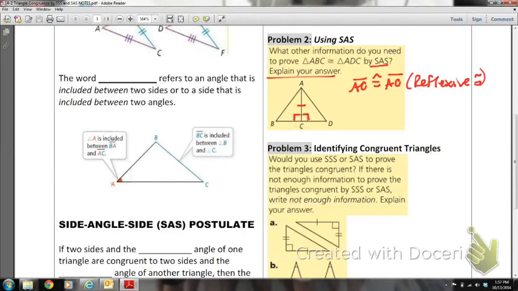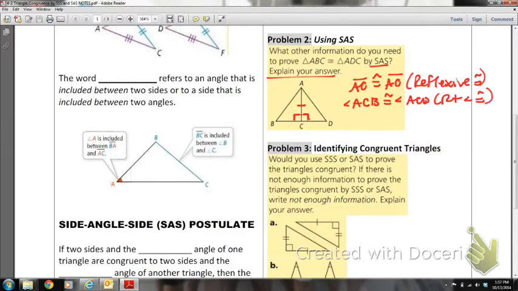So we already know that all right angles are congruent by the right angle congruence theorem. So we already have that angle ACB is congruent to angle ACD because of the right angle congruence theorem. So we have that much from the diagram as well.